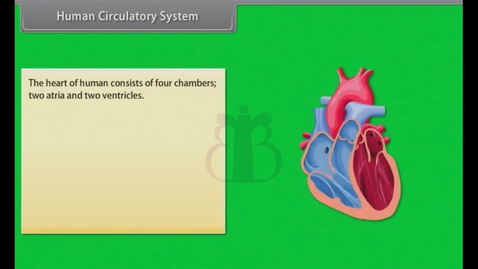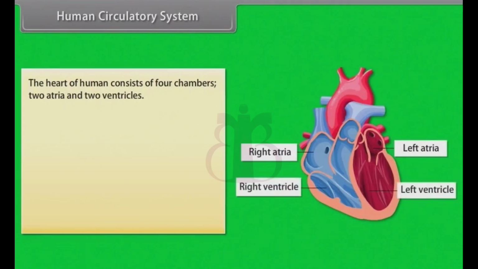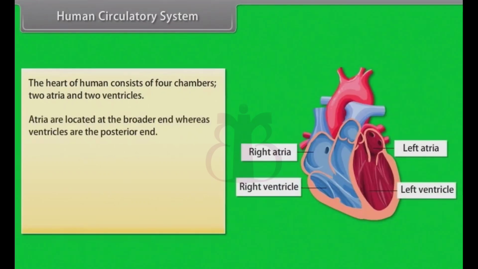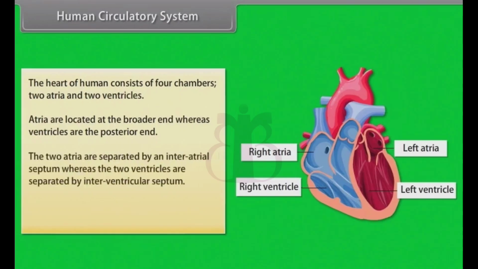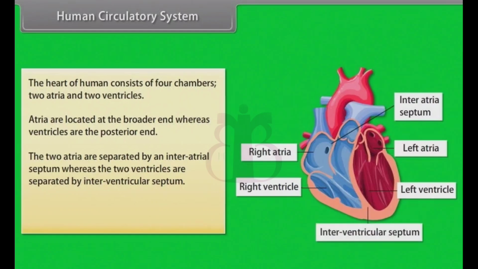The heart of humans consists of 4 chambers, 2 atria and 2 ventricles. Atria are located at the broader end, whereas ventricles are at the posterior end. The 2 atria are separated by an inter-atrial septum, whereas the two ventricles are separated by the interventricular septum.